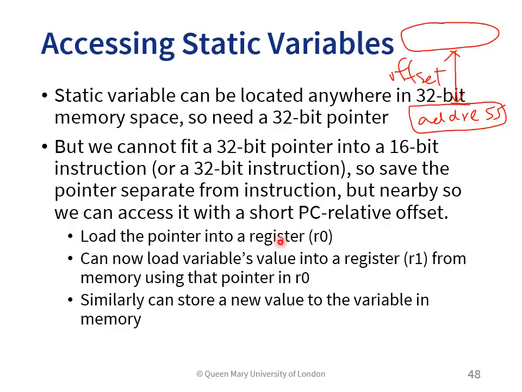In the steps, we load the pointer into a certain register, say R0, and by using this address, we can load the value of this static variable into another register, say R1. If you want to store the variable back, we keep the answer in R1, load the pointer, which is the address, into R0 and store it back.